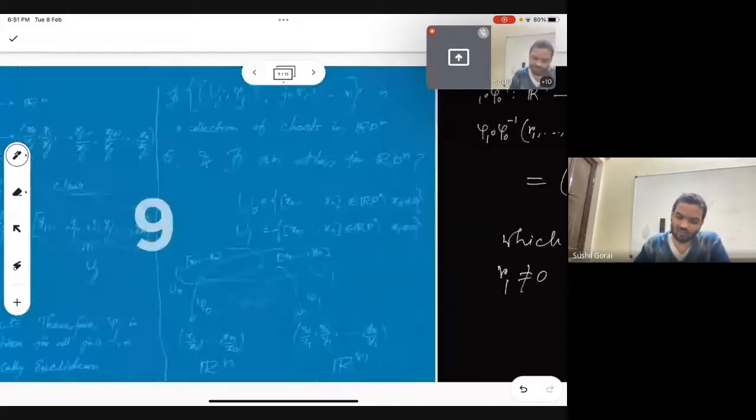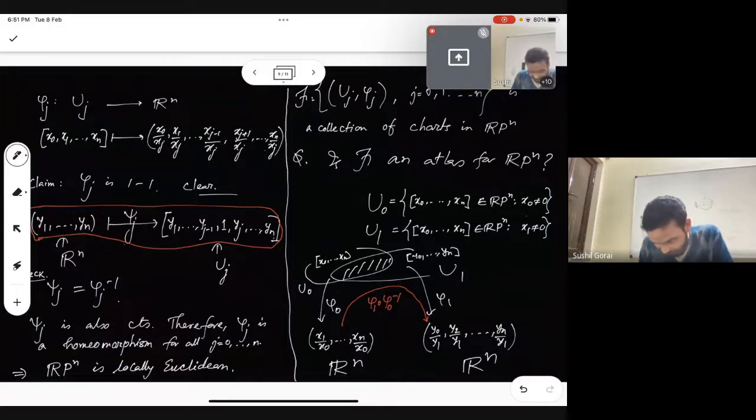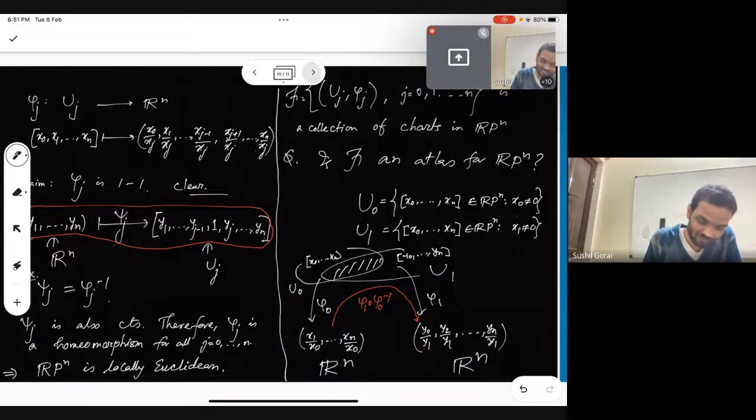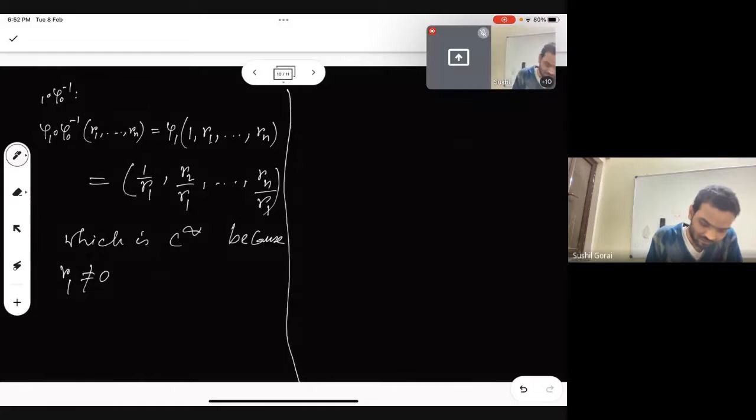Why is R1 not equal to 0? Because you are looking at the intersection, right? So it is of course not the whole of Rn. I made a little mistake here. So phi1 compose phi naught inverse is the map from phi naught of u naught intersection u1 to phi1 of u naught intersection u1.